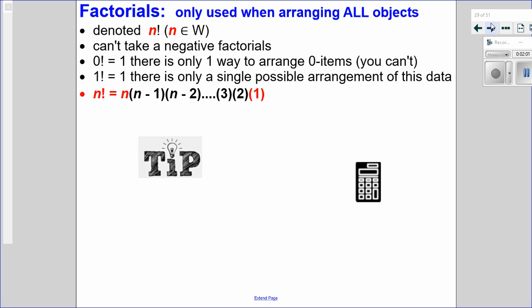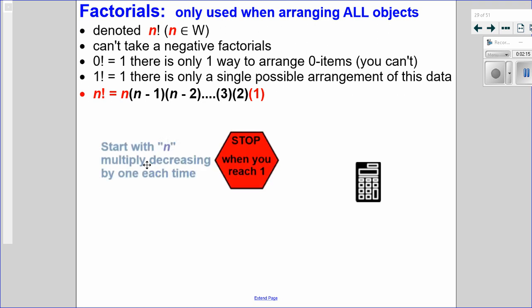So 0 factorial would be 1. 1 factorial would be 1 because there's only one possible arrangement. n factorial is n times n minus 1, n minus 2, all the way down until you get to 1. So my tip is start with n, whatever the number is, and multiply, decreasing by 1 each time until you reach 1. 1 means stop.